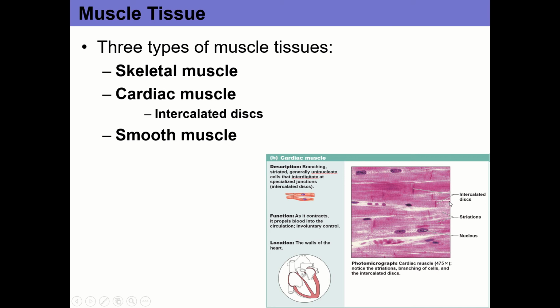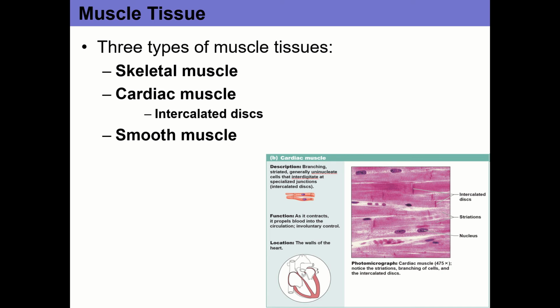They directly adjoin neighboring muscle fibers, and then they have these intercalated discs, which is the point at which they meet the neighboring fiber, and those have gap junctions in them, and that allows the transfer of ions, electrically charged particles, from one cell to another.